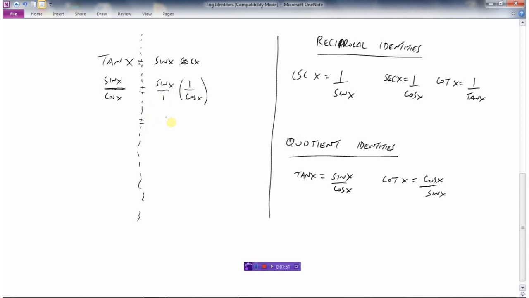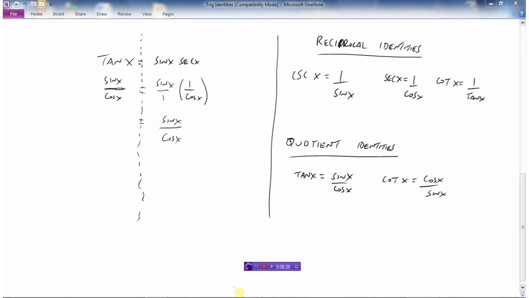Sine x times 1 is sine x, and 1 times cos x is cosine x. So we've now shown that the left side is sine x over cos x. The right side is also sine x over cos x. So we have proven that the left side and the right side are identical, because the two expressions look exactly the same now. So that's how we would prove that for any value of x, tan x would be equivalent to sine x times secant x.